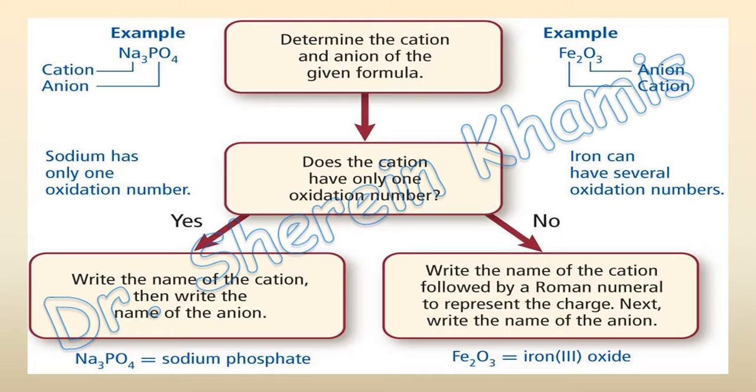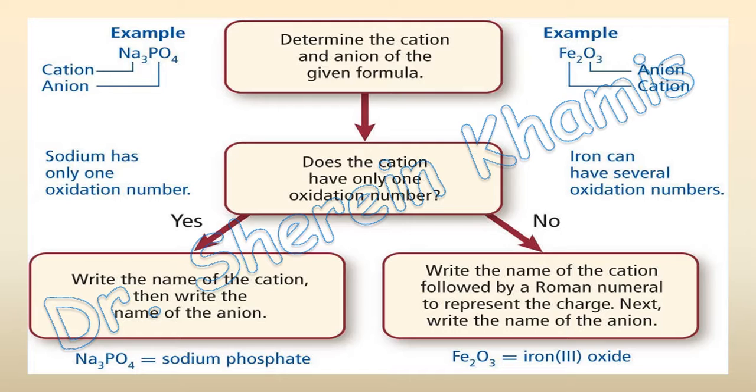Okay, how will we write at first? Yes or no? Does the cation have only one oxidation number? I don't know. Why? There is more than one metal that takes more than one oxidation number.